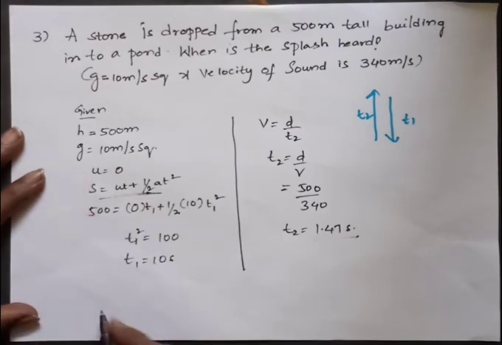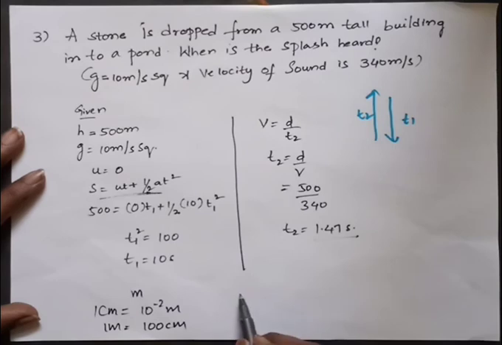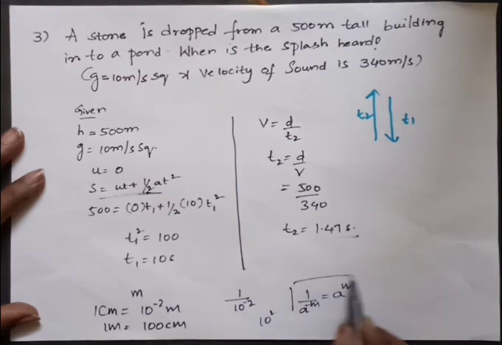Height or distance should be in meters. If given in centimeters, 1 centimeter is equal to 10^-2 meters, or 1 meter is equal to 100 centimeters. Or if 1/10^-2 is given, and it is sent to the numerator, we get the value 10². As 1/a^-m is equal to a^m, use this.